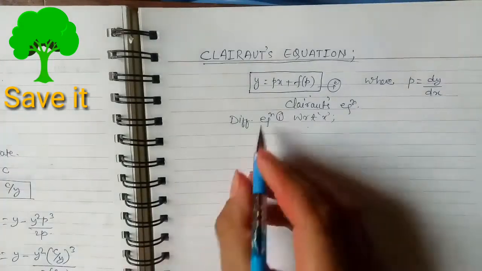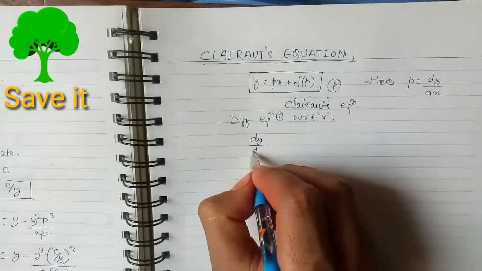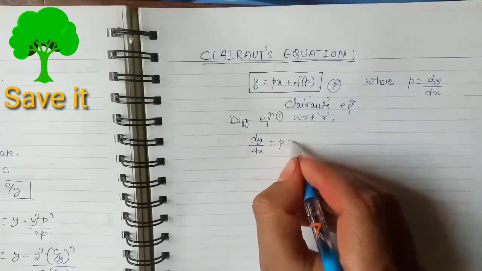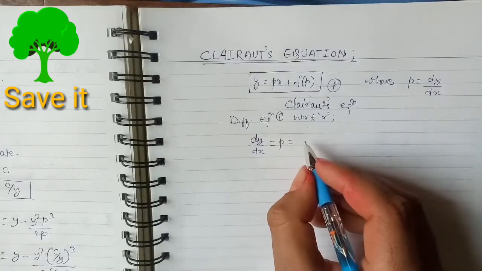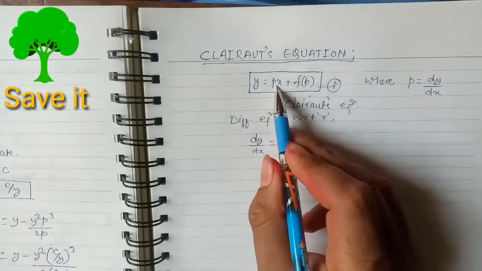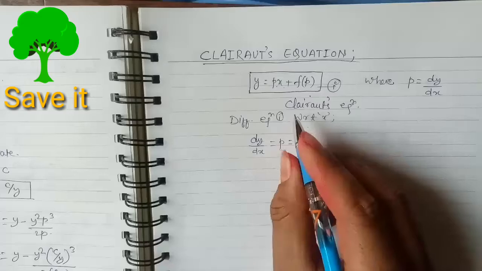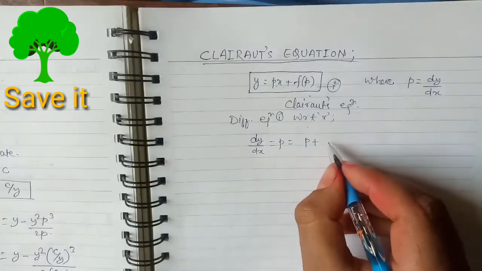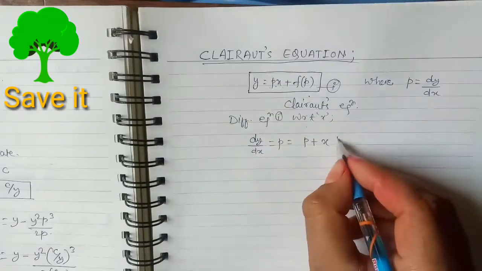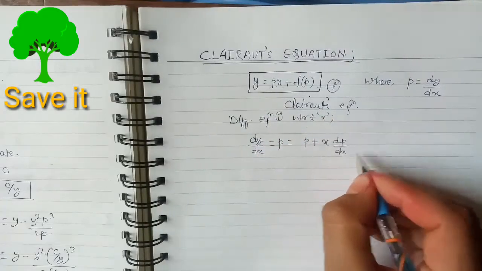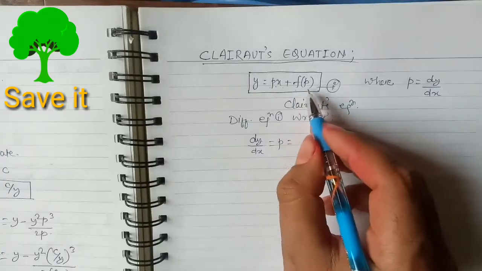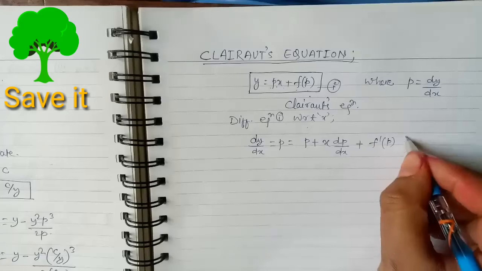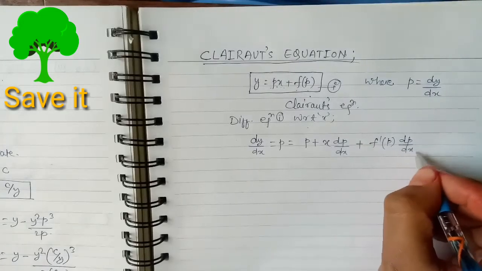What do we get? dy by dx, we know dy by dx is p, so we write p is equal to, it is in u into v form, so first of all the differentiation of x is 1, so p plus, then leave x and differentiate p, then it is dp by dx, plus the derivative of this function, f dash p and dp by dx.